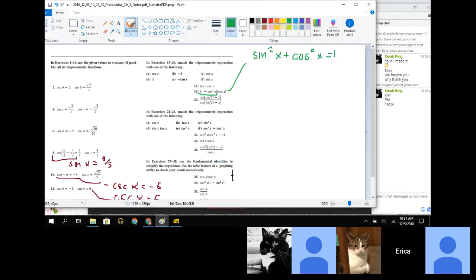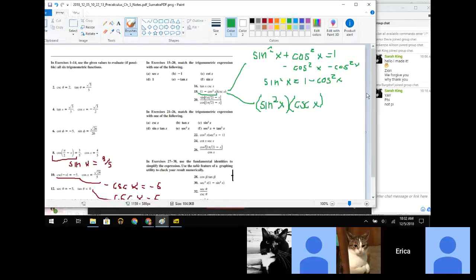That means if I subtract the cosine squared of x from both sides, I get that the sine squared of x equals 1 minus the cosine squared of x. So I could write 1 minus the cosine squared of x as the sine squared of x, times the cosecant of x.